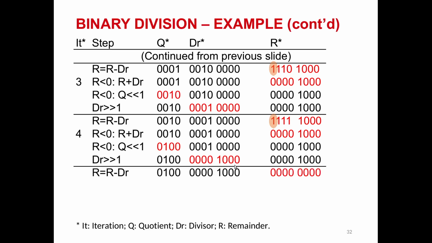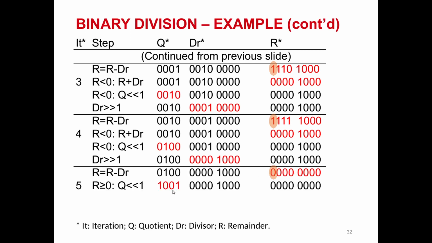For step 5, we do the same. We take the remainder, subtract the divisor, and you can see that the result of that subtraction is 0 0 0 0 0. It implies that this value is equal to 0, and so we don't need to revert the remainder to the previous value.